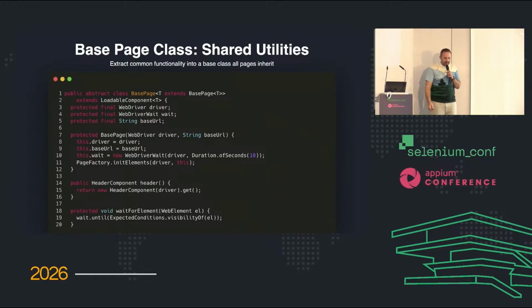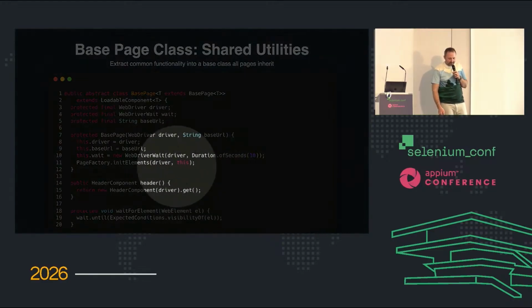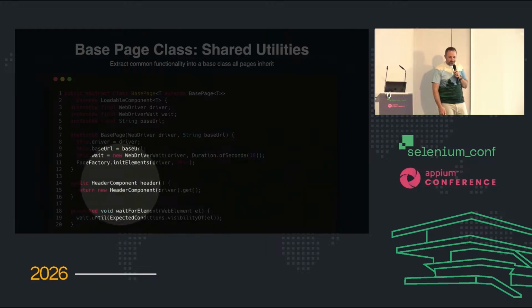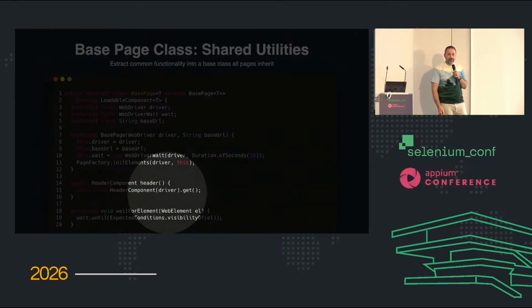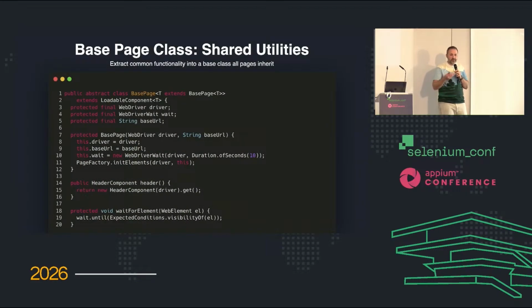Okay, and here you can see whenever I have the header, I'm returning the header component. Just get, and then it will check isLoaded in the header to make sure that the header is there before returning it.